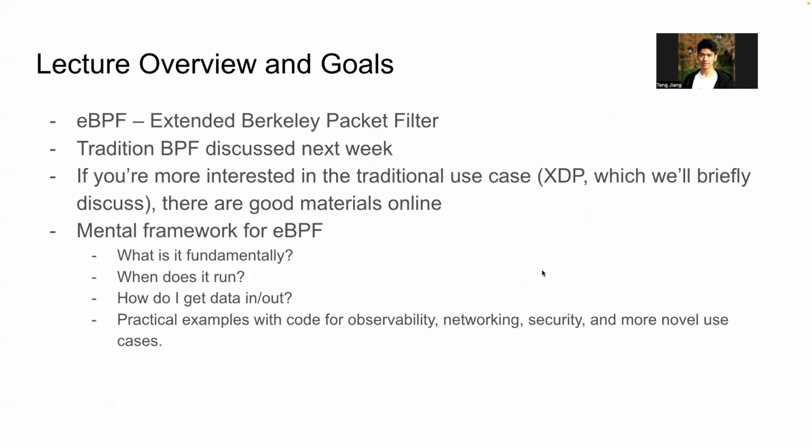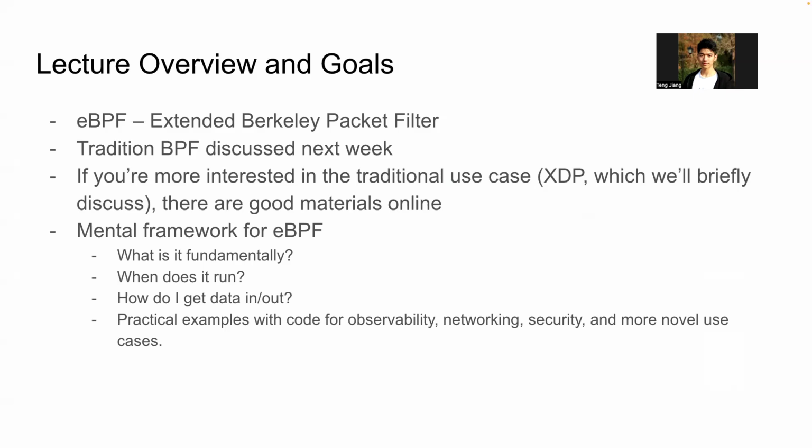So this first page is an overview and objective. eBPF, or extended Berkeley Packet Filter, is the focus of this course. Traditional BPF, which is used for network packet filtering, is going to be discussed next week or the week after, and we are going to see the original paper of it.